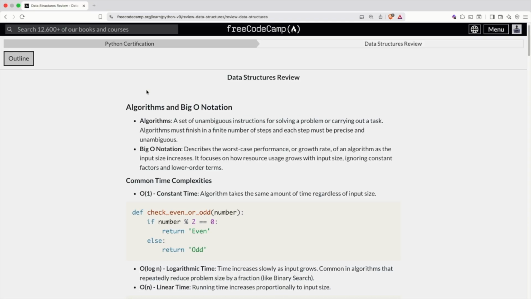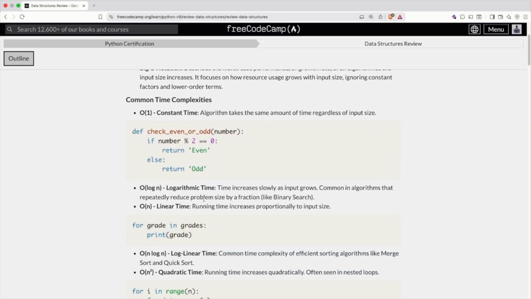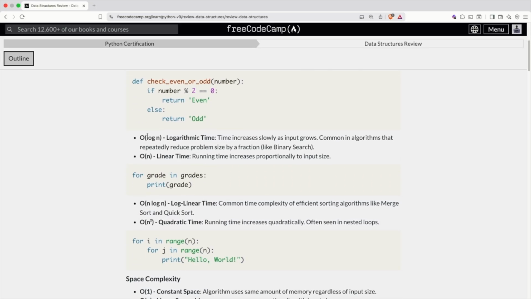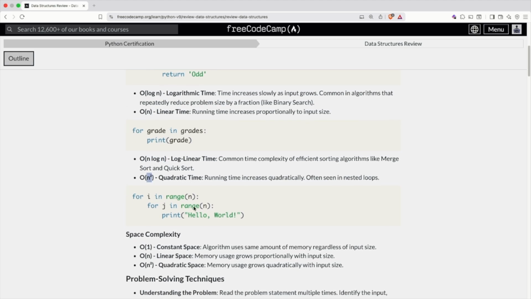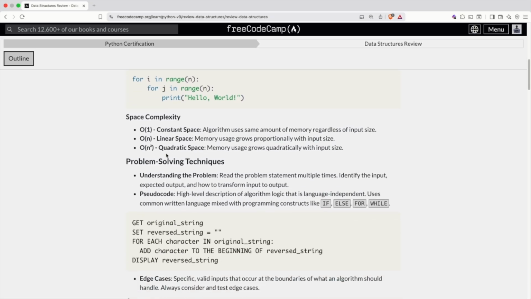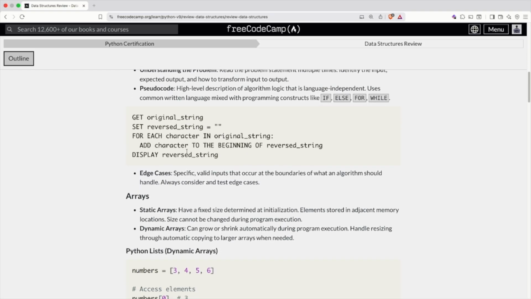One of the things I would say about the test from my experience is be familiar with these things here: what is logarithmic time, what is linear time, what is log linear time, and what is quadratic time. Also constant time, or constant space, linear space, and quadratic space. Be familiar with those.